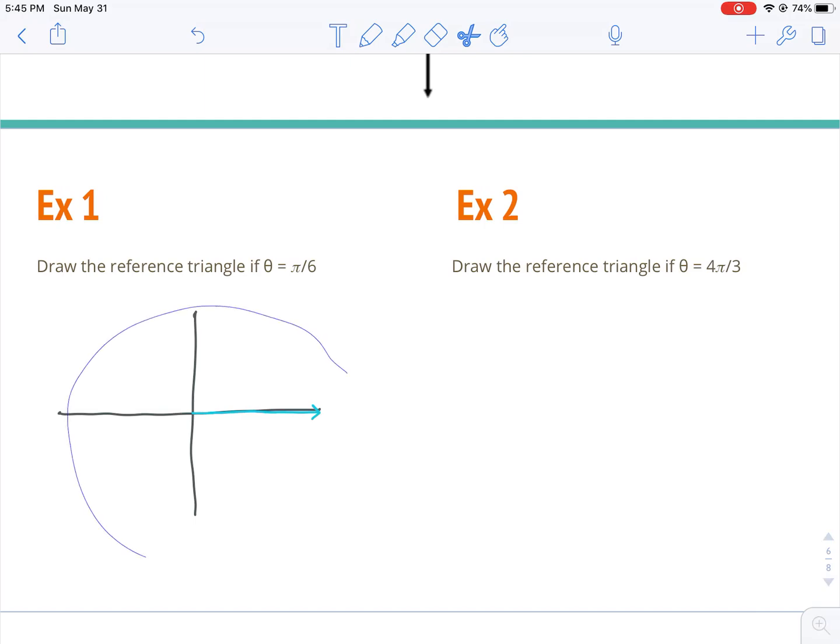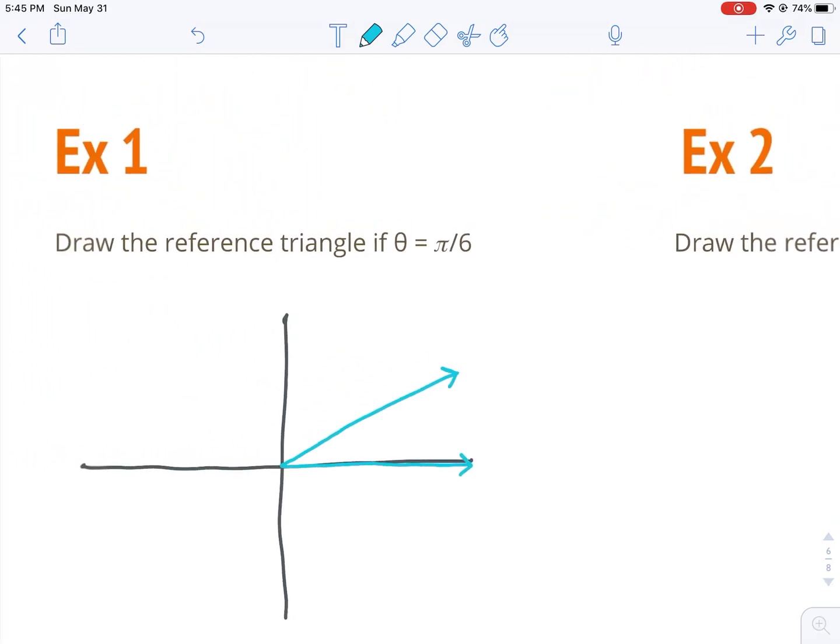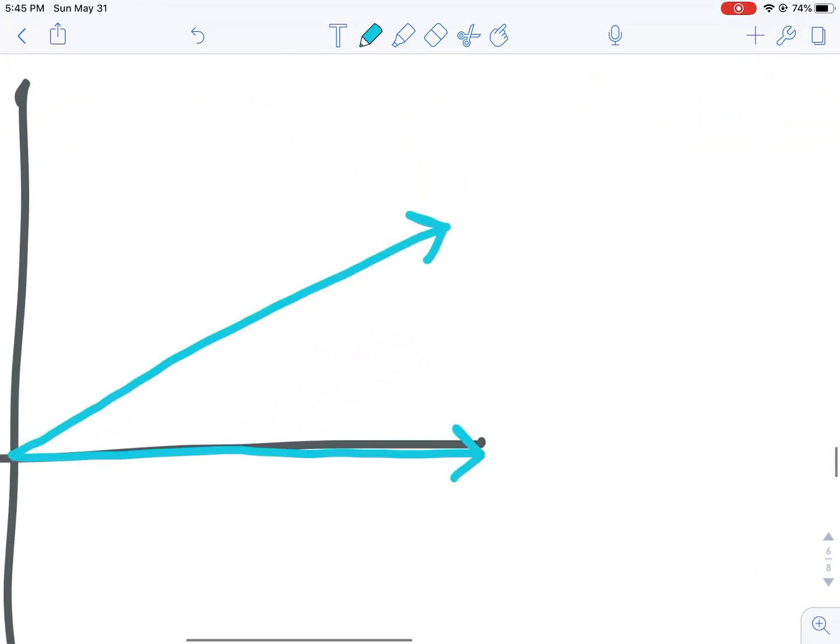So I'm actually going to copy this because I'm going to need it on every single one. And then I'm going to think, okay, pi over 6, I know that that's the same as 30 degrees. So I'm going to eyeball about 30 degrees. And we just got to get close. I've got that terminal side now, and I can drop in a triangle.